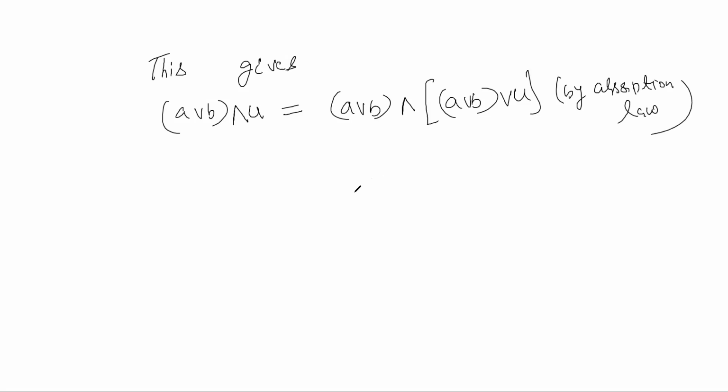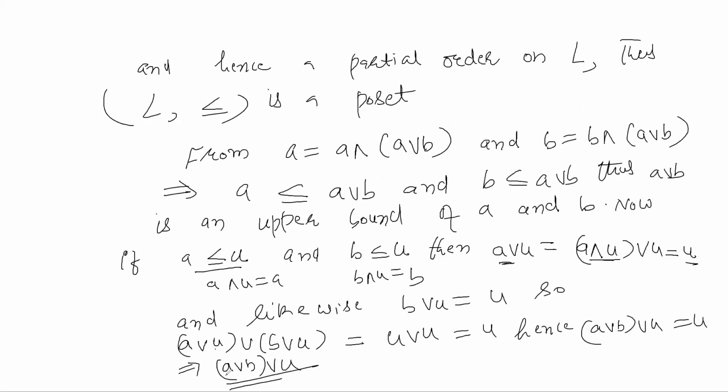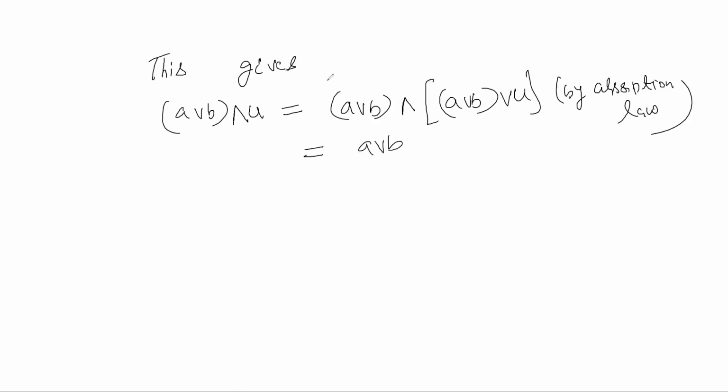So what does it mean? A join B meet U is equal to this one. And what is this? This is A join B by this equation. So you have A join B meet U is A join B.